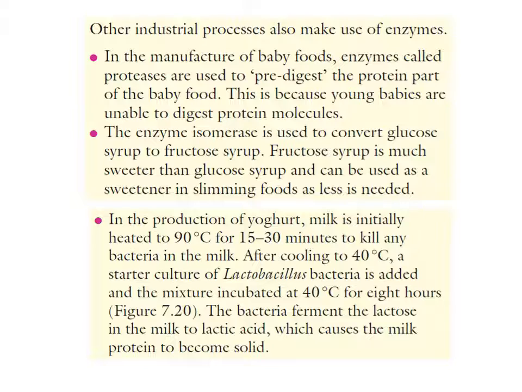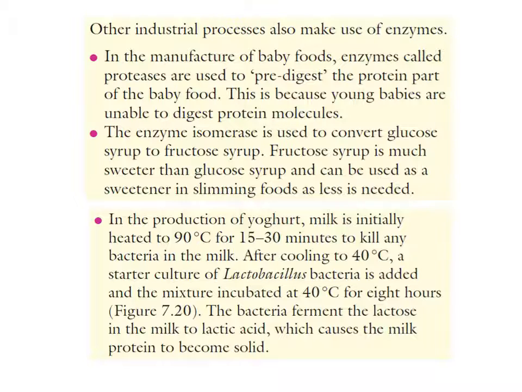Other industrial processes also make use of enzymes. First, in the manufacture of baby food, enzymes called proteases are used to pre-digest food, because young babies are unable to digest protein molecules. So for pre-digestion, proteases are added to baby food.